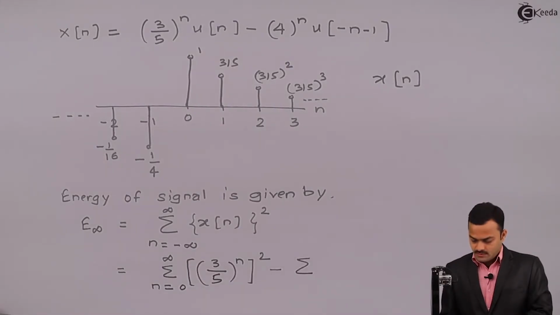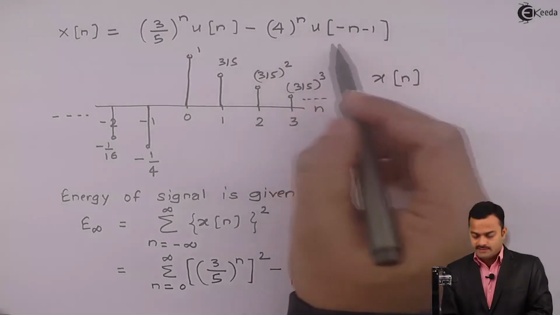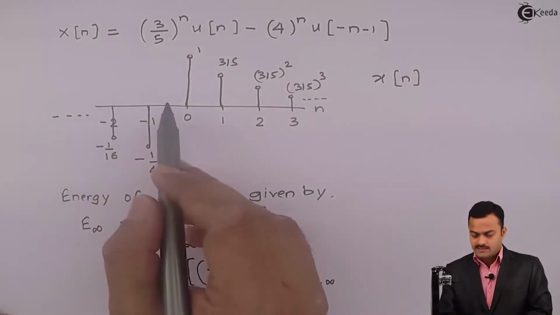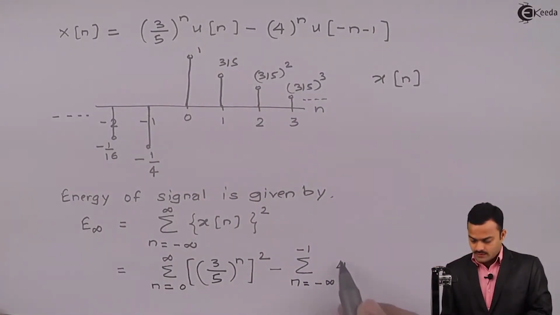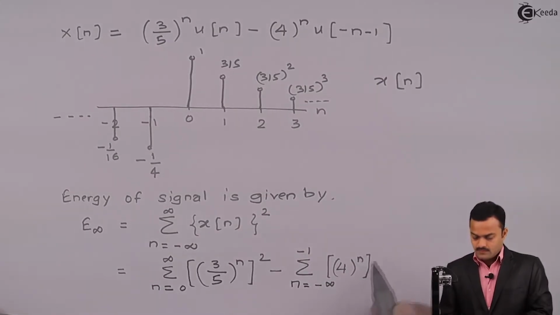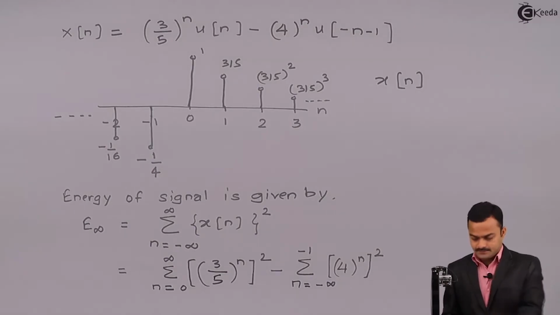In the second half, the signal exists like this: minus summation n equal to minus infinity to minus 1, where the unit step term becomes 1, and the signal has the value 4 raised to n, square. Now we have to solve these two summations in order to get the answer.